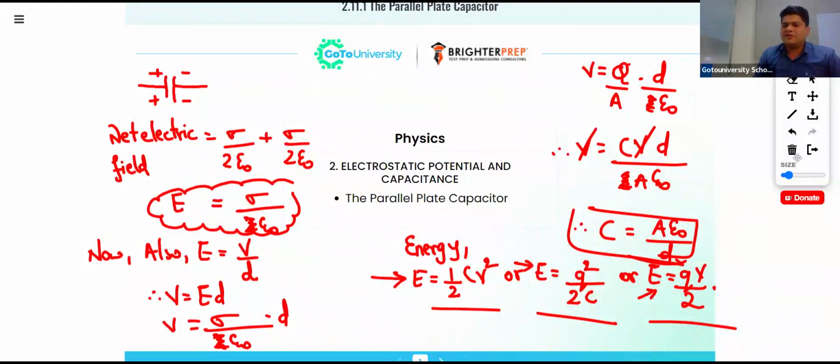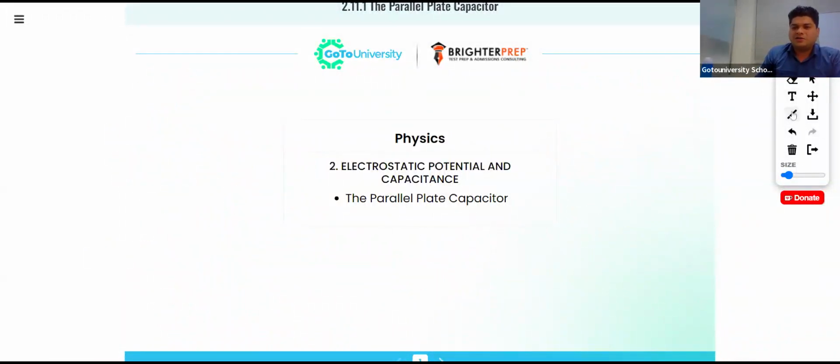Okay, once again we'll see this thing. What we are considering is a parallel plate capacitor. How will a parallel plate capacitor look? It looks like this.